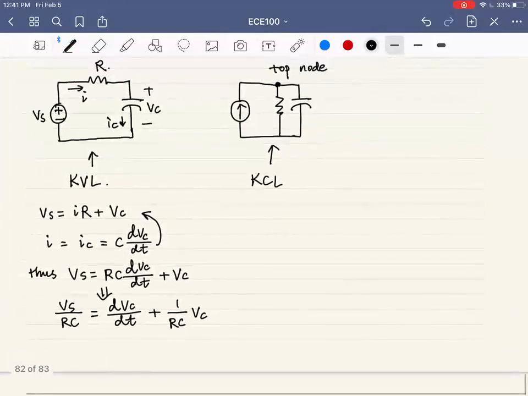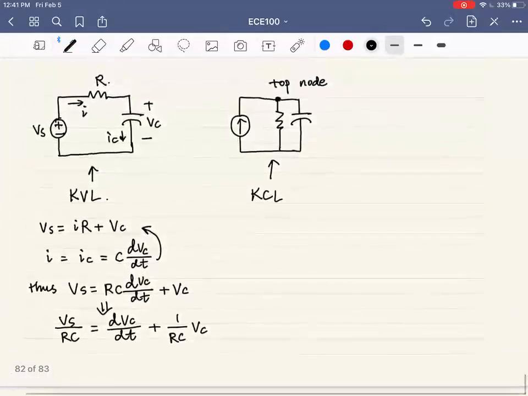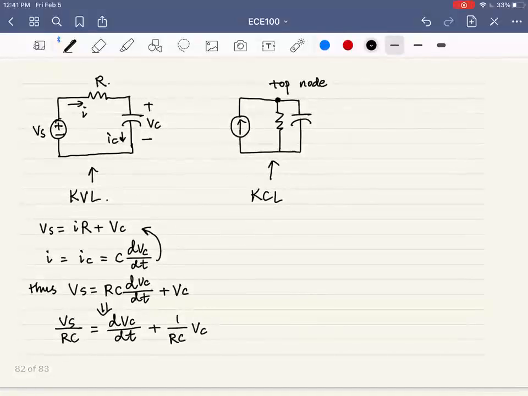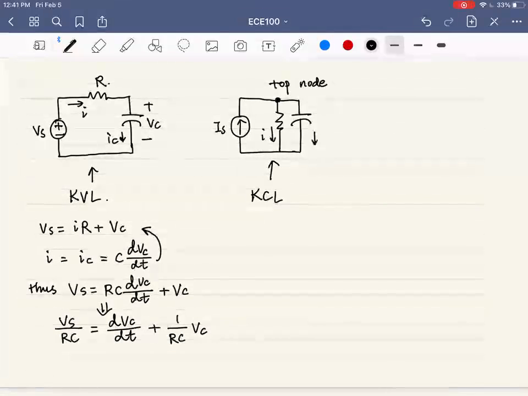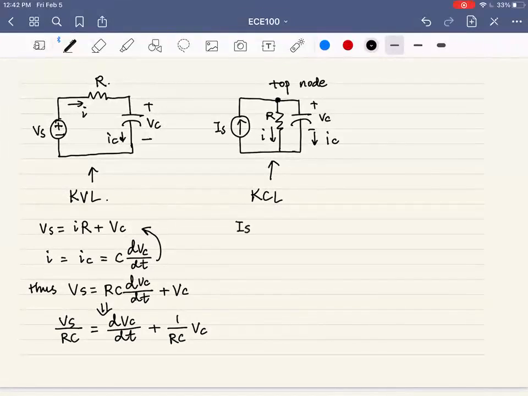And for the second example, we write KCL at the top node. The current flowing into the node equals the current flowing out of the node. And we know that the I here equals VR over R, and IC equals this.